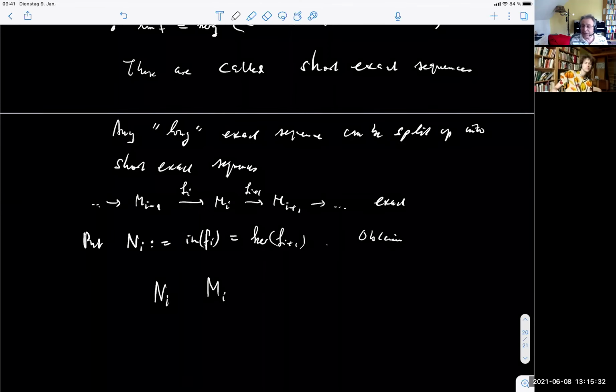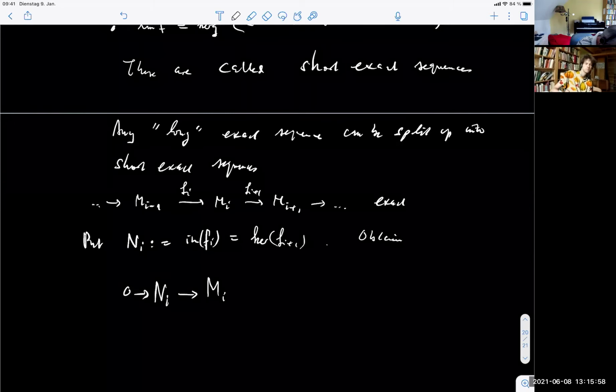Ni is a submodule of Mi, so I can put here as a map the inclusion. People in homological algebra write it this way. This expresses that this map from N to M is injective, which is fine because Ni is a submodule.